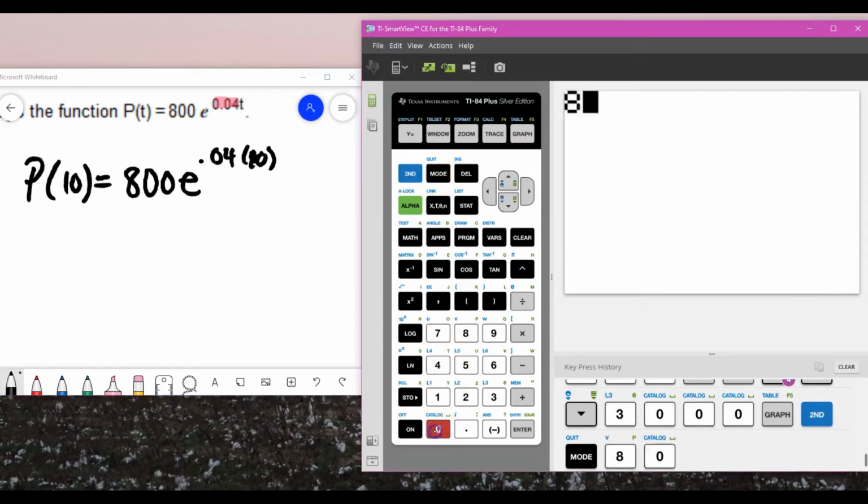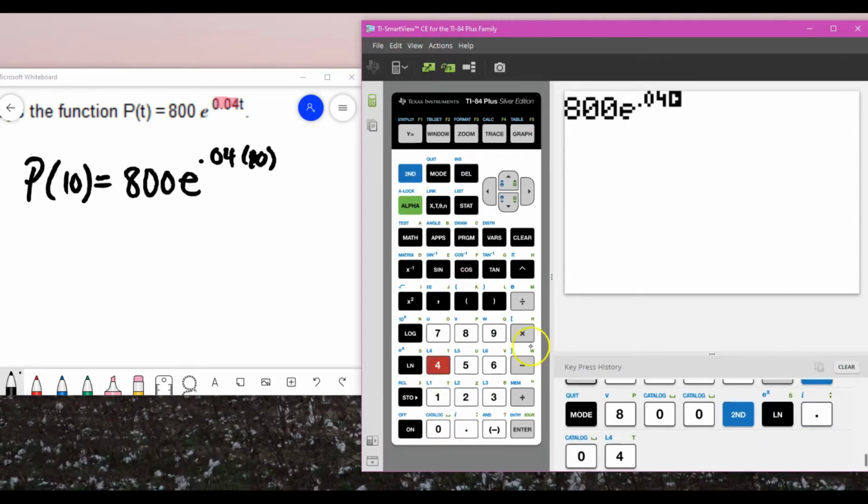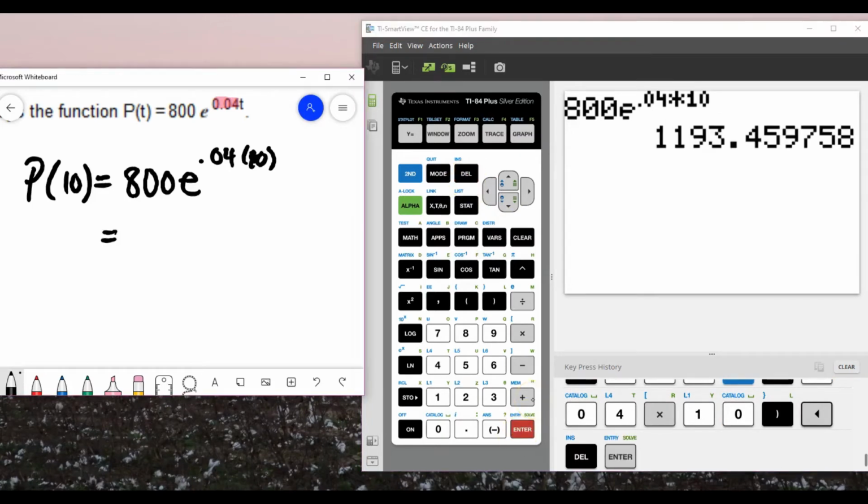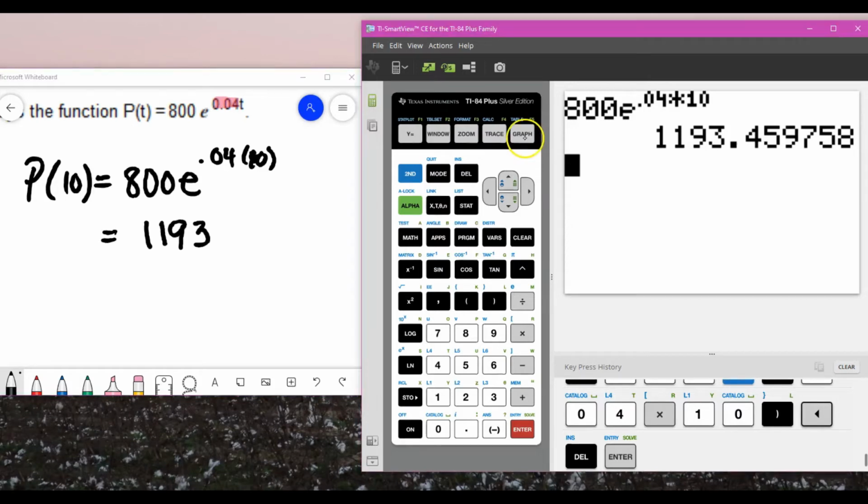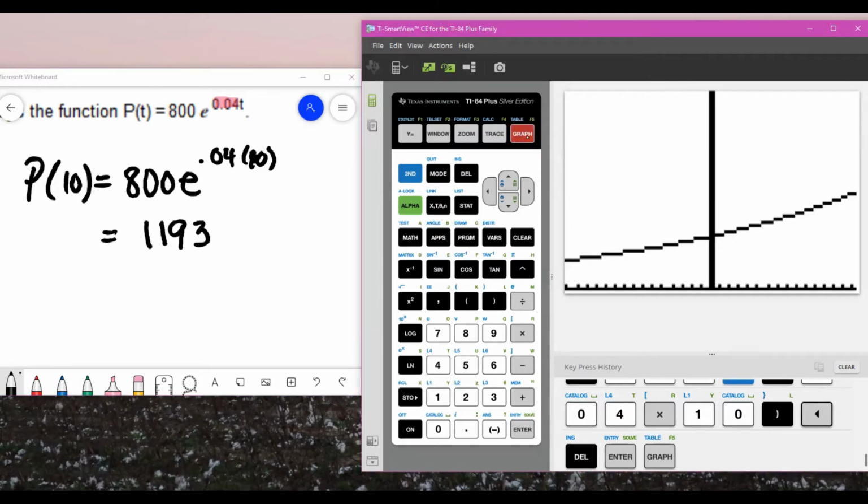That's 800 e to the 0.04 times 10. And after 10 days, our insect population grows to 1,193.